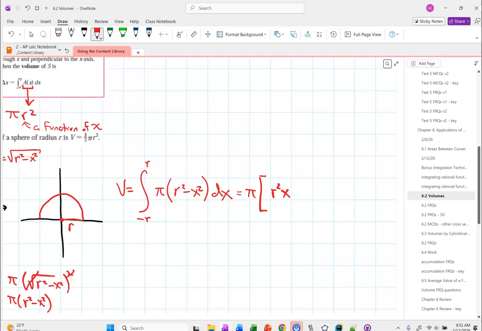R squared is a constant, because we're integrating with respect to x. So r squared is not a variable. R squared is a constant. The antiderivative of x squared is x cubed over 3. Everybody feel okay?